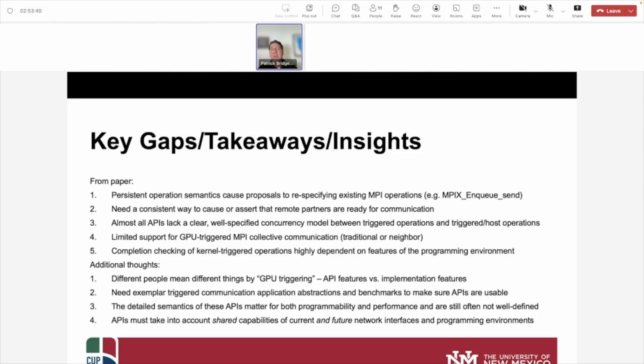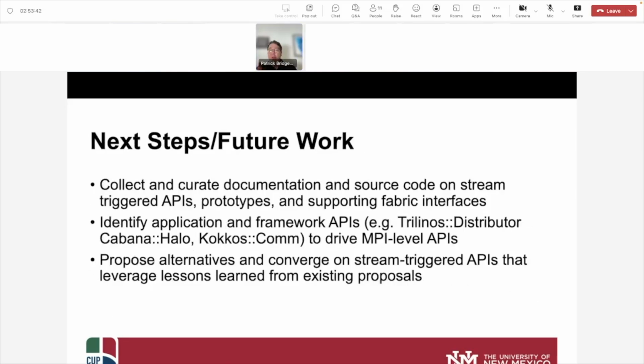So next steps in future work, I think really where we need to be going, and what we're in the process of doing, is collecting and curating documentation and source code on stream-triggered APIs, prototypes, and supporting fabric interfaces. We've been doing work on stream-triggered just like Ryan has in terms of coming up with implementations.